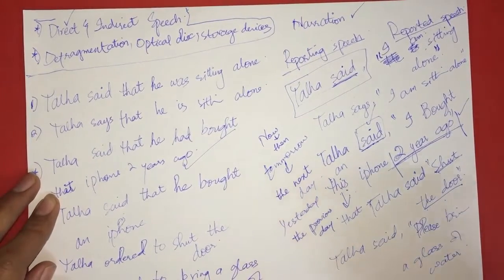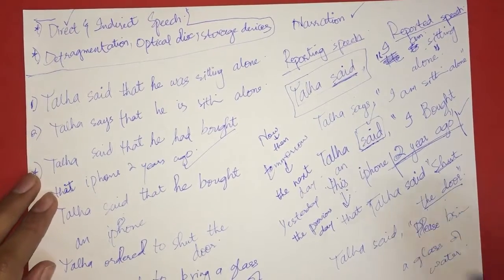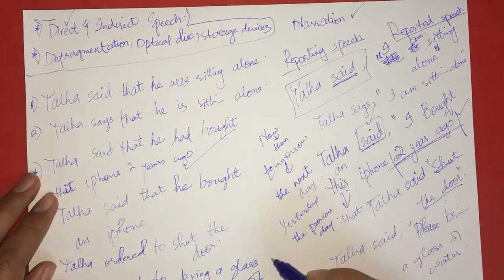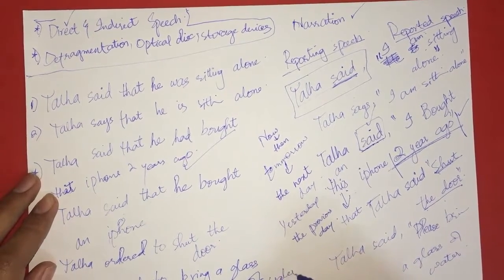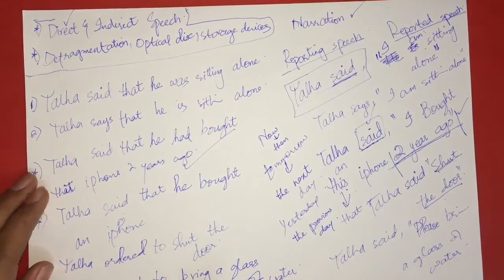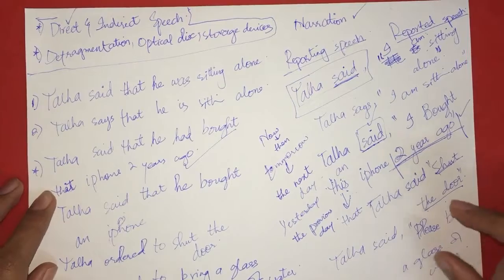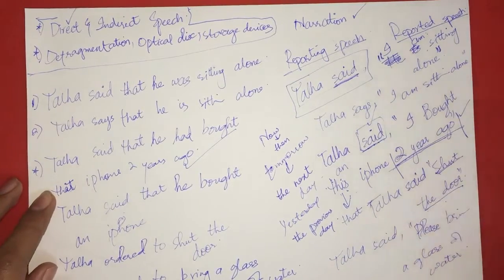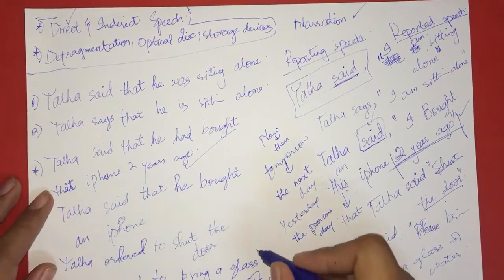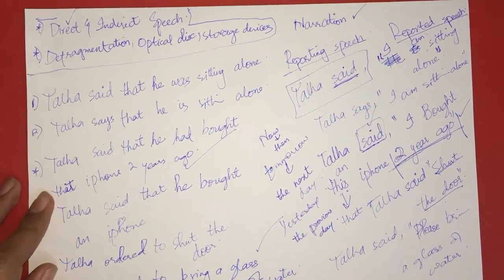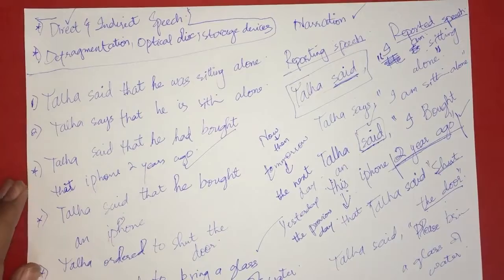So it depends upon the nature of the sentence, what meaning the sentence actually portrays. So you're going to write Talha asked to bring a glass of water, looking at the nature of the sentence, and according to that you're going to convert it into indirect. So that was about what we learned today in the class about direct and indirect speech.